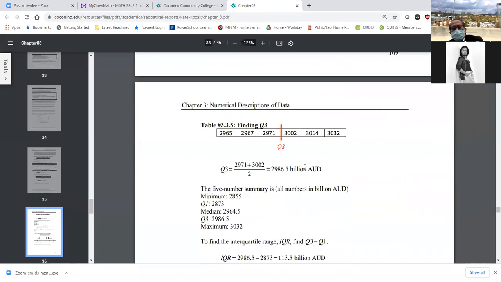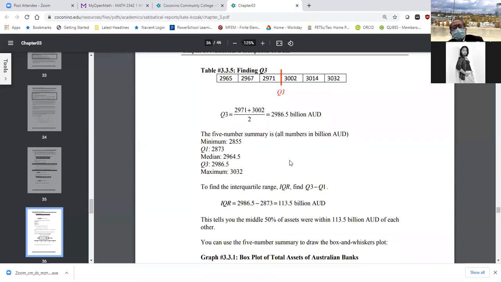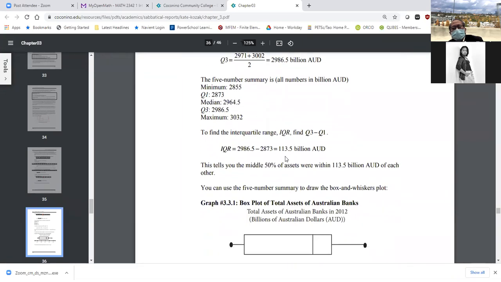So the minimum, first quartile, median, and then third quartile, and then the maximum. And you want to find the interquartile range, IQR. So you need to subtract the first quartile, Q1, from the third quartile, Q3.